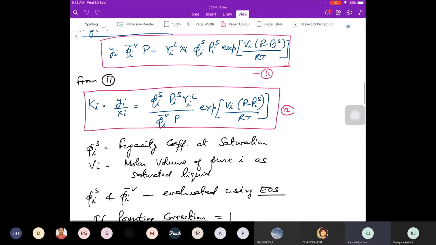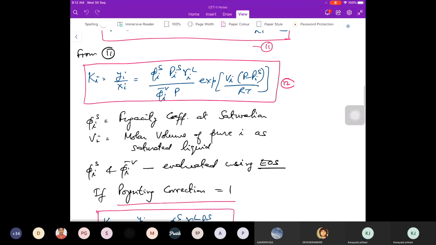And we know that phi i S is the fugacity coefficient at saturation, and Vi is the molar volume of the pure component in the saturated liquid phase. And we have seen how to evaluate the fugacity coefficient using equations of state. Now, if the Poynting correction factor is equal to 1, when is the Poynting correction factor equal to 1? याद है किसी को?